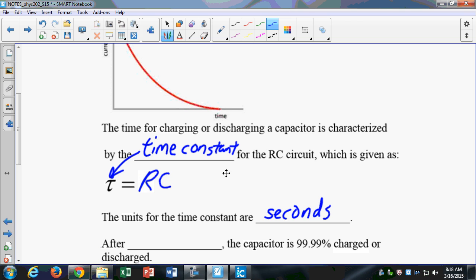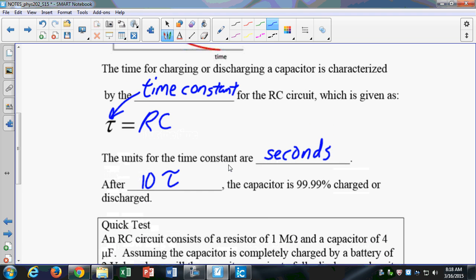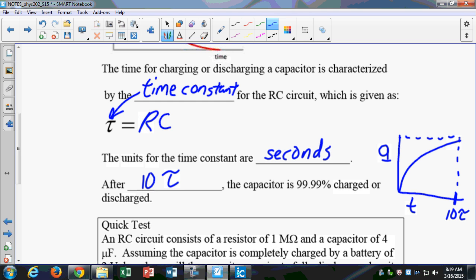And after 10 times the time constant, the capacitor is almost 100% charged or discharged. So if I'm looking at, say, the charge versus time for when it's charging, it looks something like this. At this time, that time is roughly equal to 10 tau.